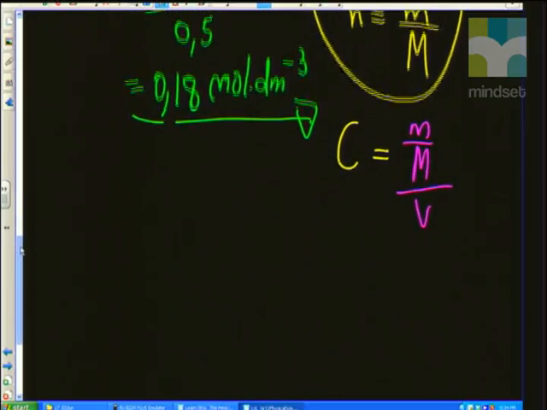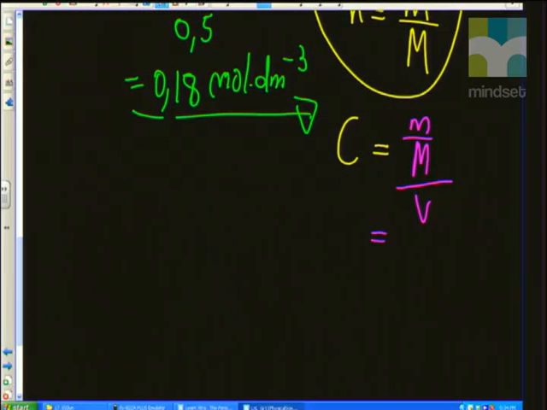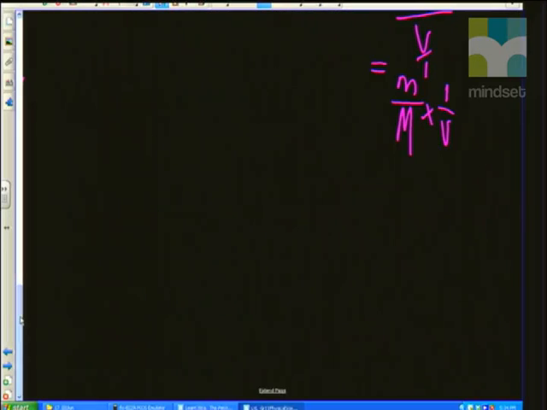So what you have here finally is m over M divided by volume over 1. So that can be written as m over capital M times 1 over volume. Therefore, at the end, you'll find C equals m over MV.